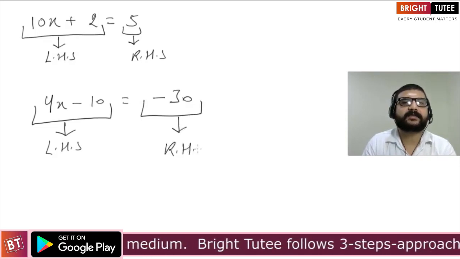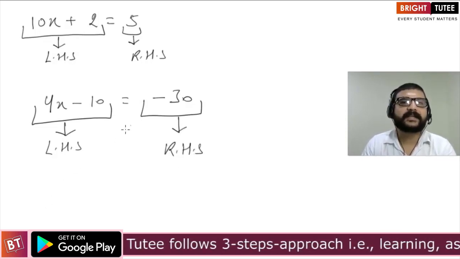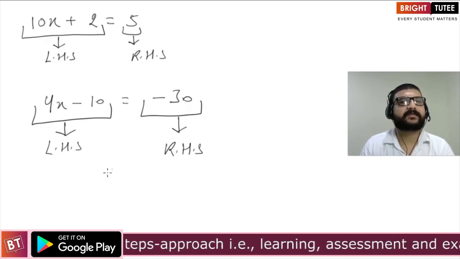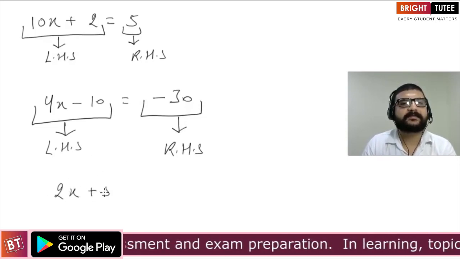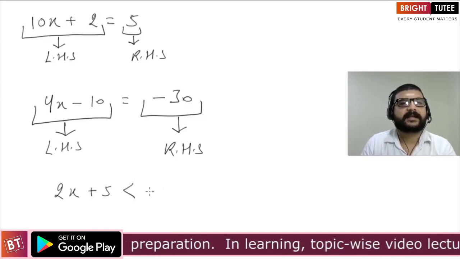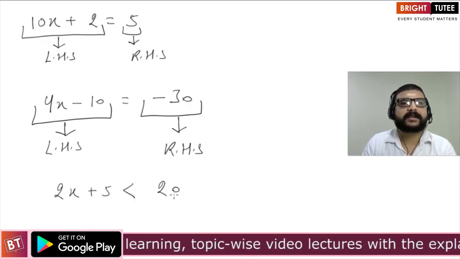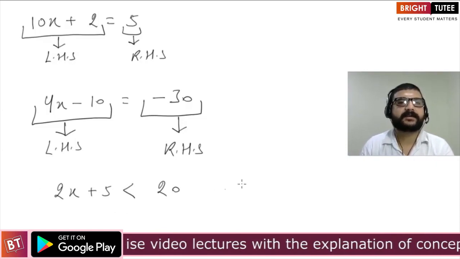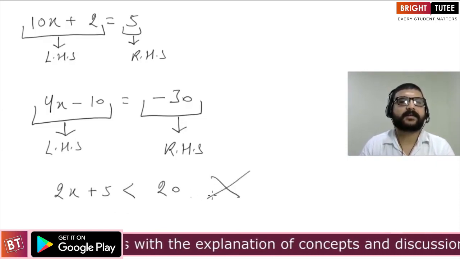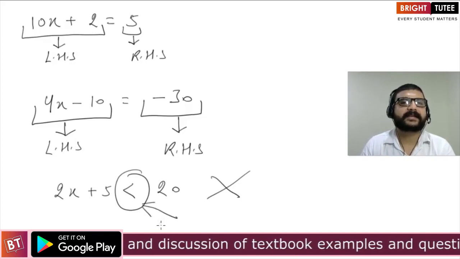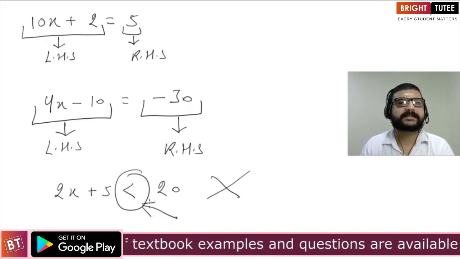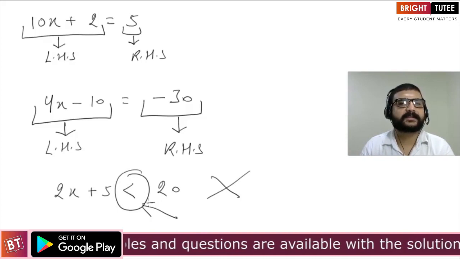Now if there is no equality sign, will it be an equation? Suppose we have 2x plus 5 less than 20. Is it an equation? No, this is not an equation because here we don't have any equality sign. There is no equality sign here, so this is not an equation.